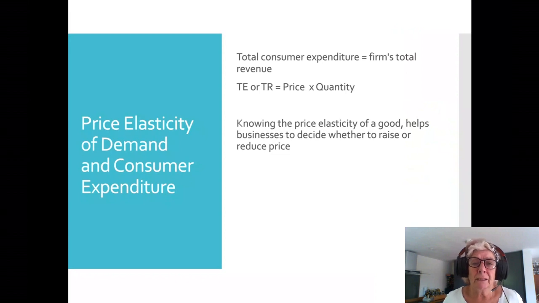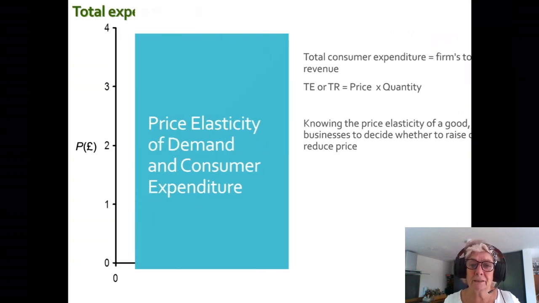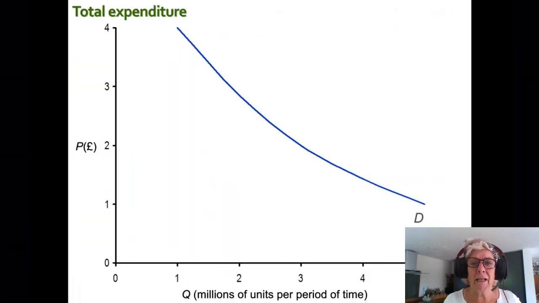So if we think about it, the revenue that a business gets comes from the price it charges for its good, multiplied by the quantity of that good that it sells. So knowing the price elasticity of a good helps a business to decide whether it should raise the price or reduce the price. Let's see what that means in practice.